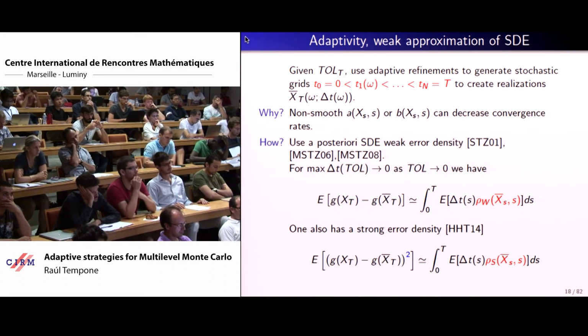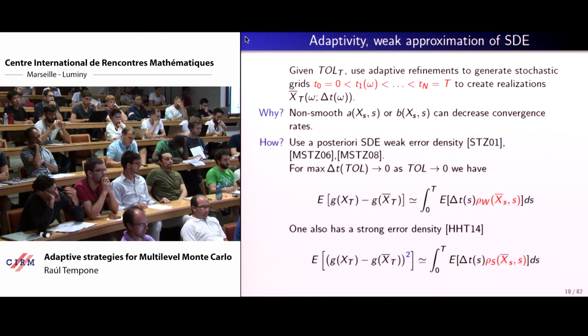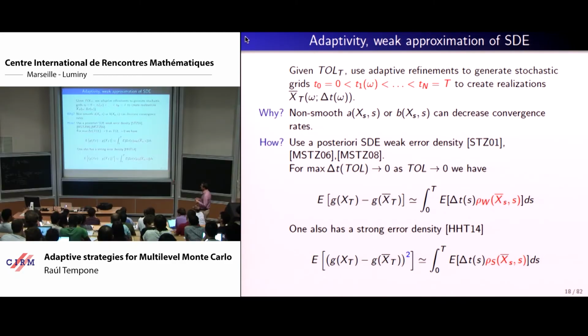So again, why do we do this? Well, sometimes there are non-smoothness on A or B that deteriorate the usual behavior of the uniform method, so ask essentially for adaptivity in a natural way. And what do we need to be able to produce such delta t's? Well, at least with our approach, you need to rewrite the weak error in this other way.